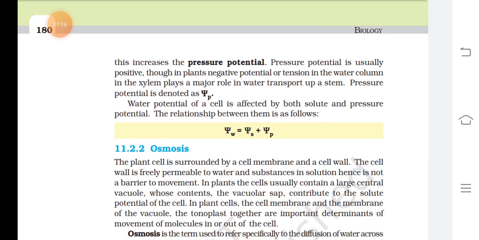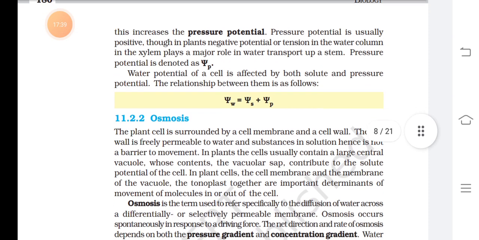Pressure potential is usually positive, though in plants negative potential or tension in the water column in the xylem plays a major role in water transport up a stem. Pressure potential is denoted by psi p. Water potential of a cell is affected by both solute and pressure potential. The relationship between them is as follows.